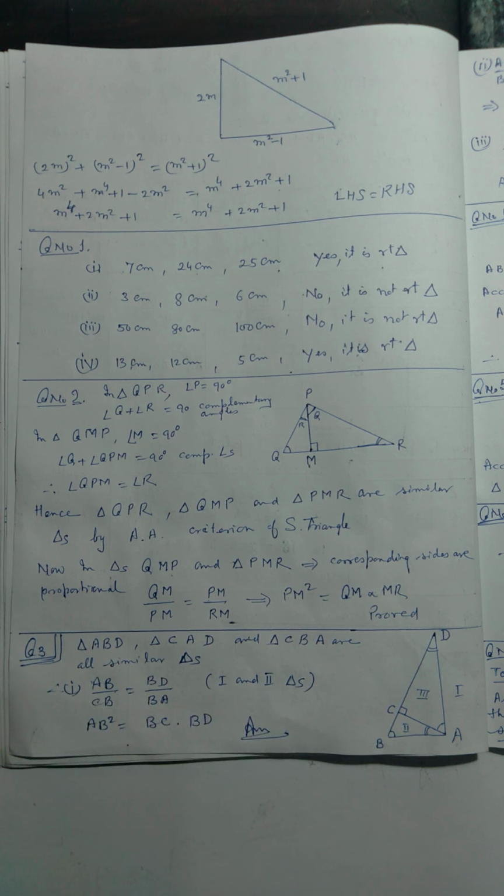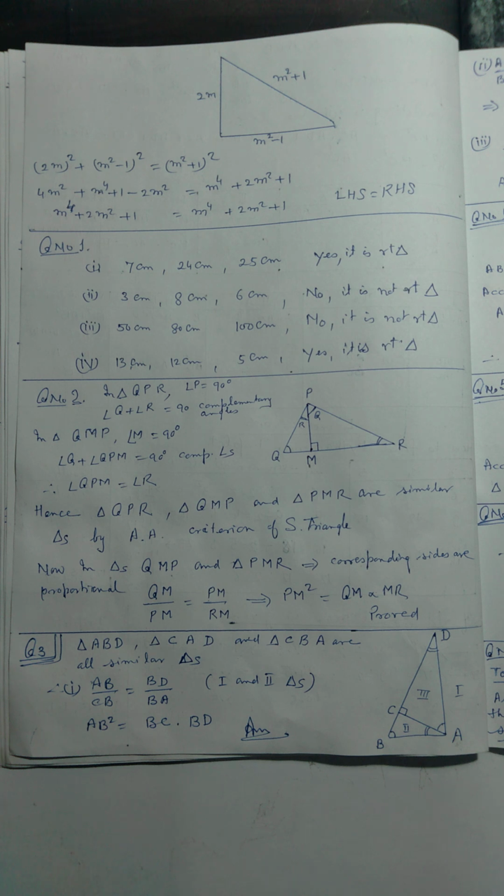Question number 3 states that in figure, ABD is a triangle right angled at A and AC is perpendicular to BD, so that AB square is equal to BC into BD. First question. Second is AC square is equal to BC into DC.